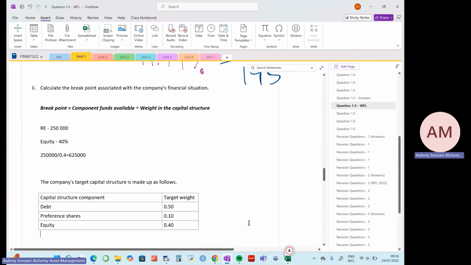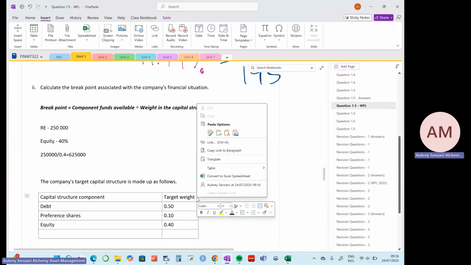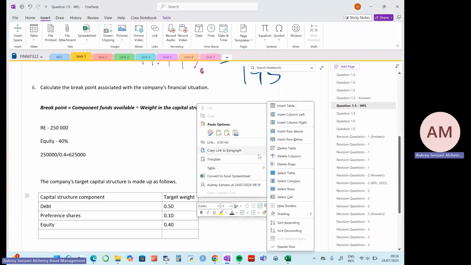It's not all our source of funding. So if we are to try and establish what is the total funding that this business can generate, taking into account that limitation of equity, I'm going to add a row and then put a column to the right here.